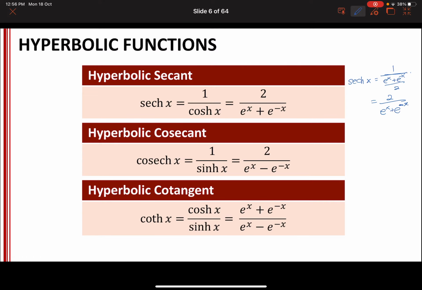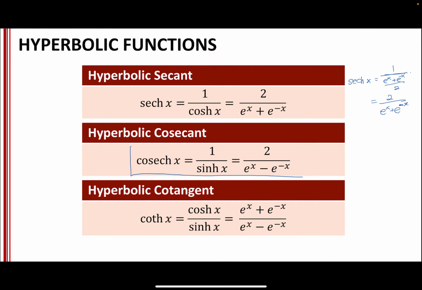So we obtain it to be 2 over e^x minus e^(-x). And coth x is cosh x over sinh x, which is equal to e^x plus e^(-x) divided by e^x minus e^(-x). So these are the definitions of the hyperbolic functions, which can be seen to be related to exponential functions.